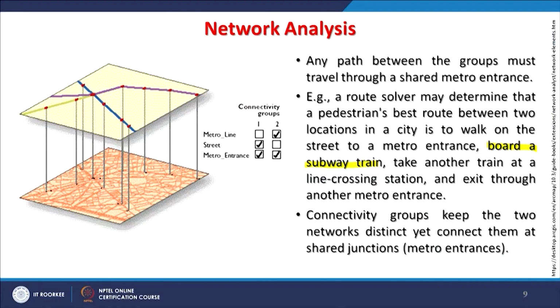So it's a really very complex kind of network, and it has to be properly managed, and that can only be done if the network database and connectivity groups have been created properly. Connectivity groups basically keep the two networks distinct, like the yellow line and green line, though they are connected through the shared junction or metro entrance.